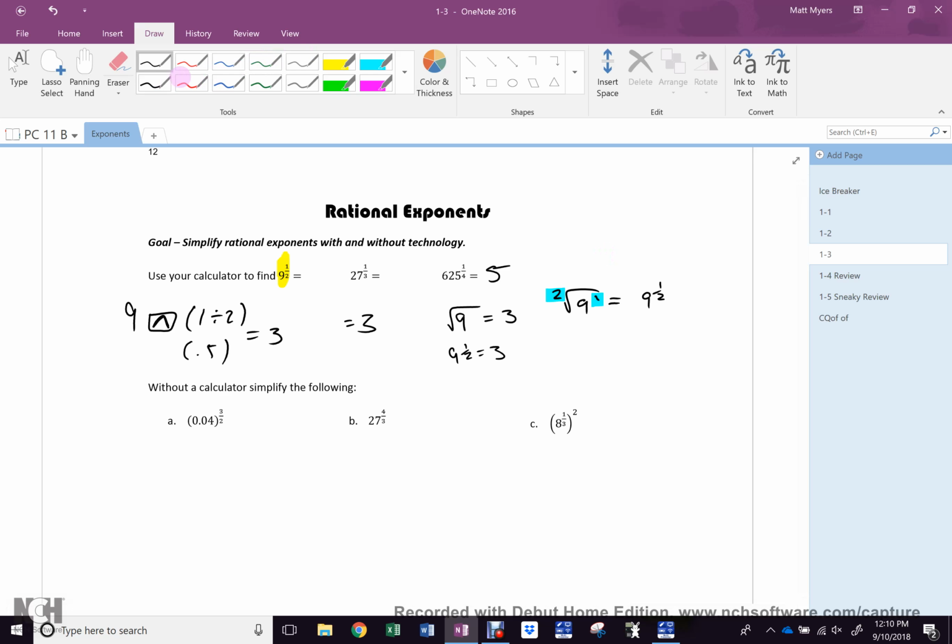We also know that the cubed root of 27 equals 3. And 27 to the 1/3 equals 3. And you should notice, there should be a 1 there. 1, 3, 1/3. Everybody remembers this, yes?